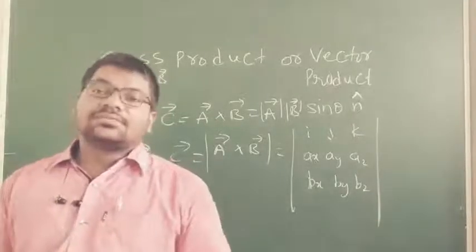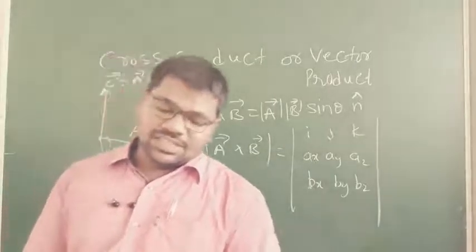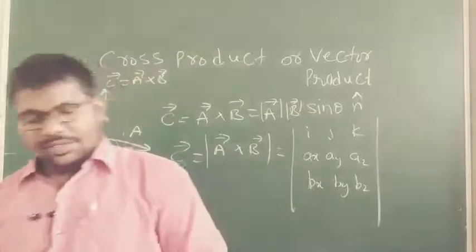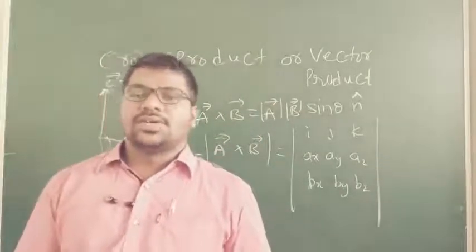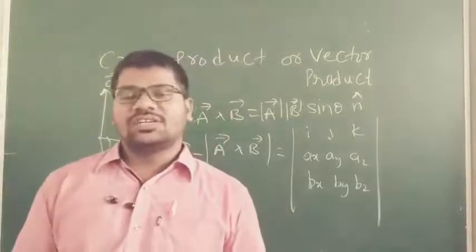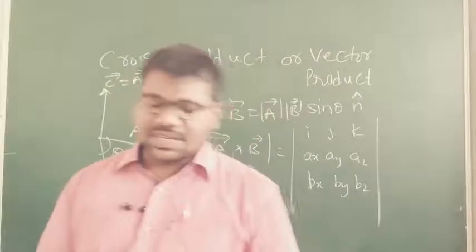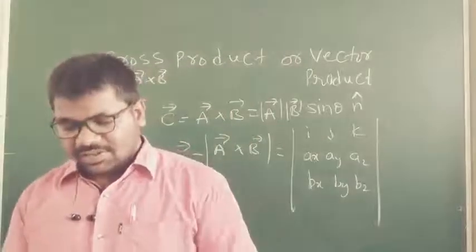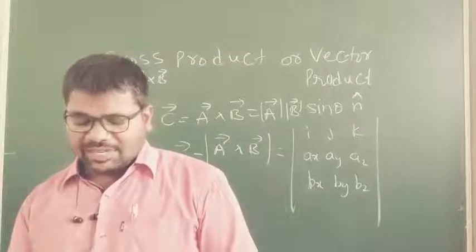After this, position, displacement and velocity vector. A vector which represents position, and change in position from one point to another gives displacement and velocity vector, and acceleration vector.